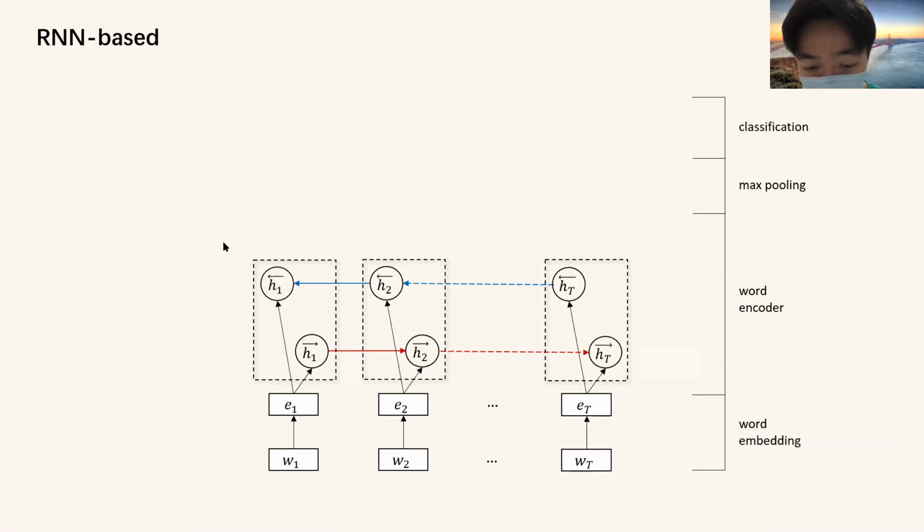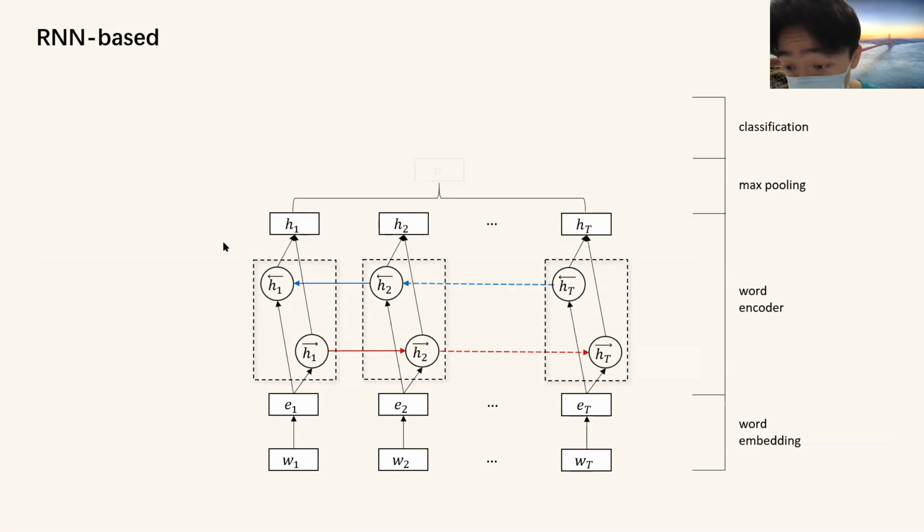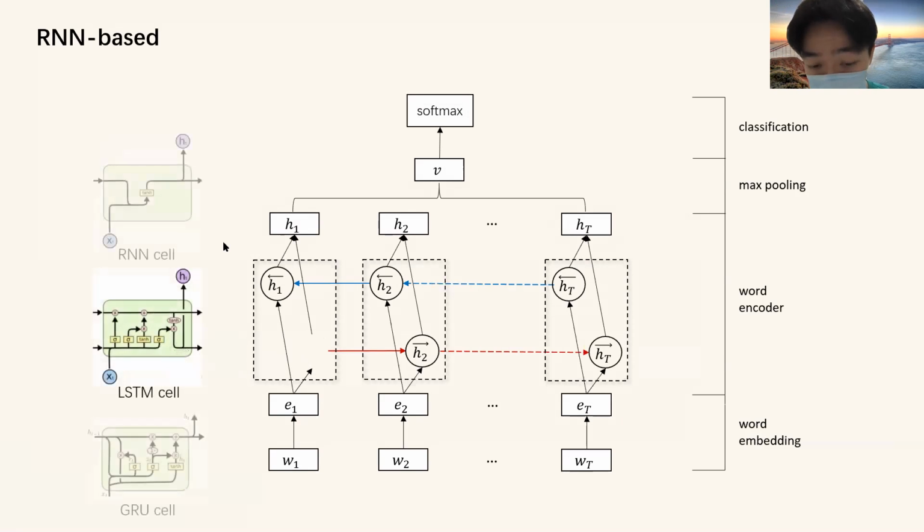The text representation V is obtained by applying max pooling on the concatenations of the forward hidden state and the backward hidden state at each timestamp, and then we put the vector into softmax. By the way, the RNN cell can be replaced by an LSTM cell and a GRU cell.